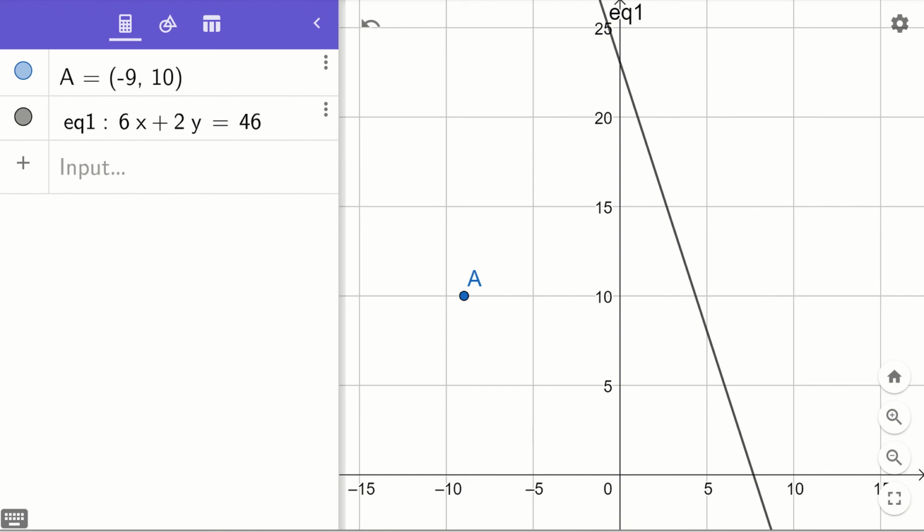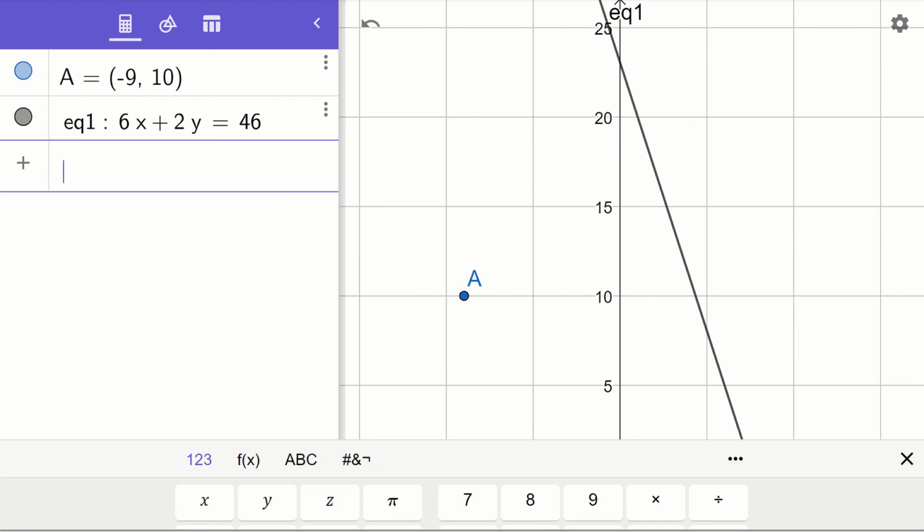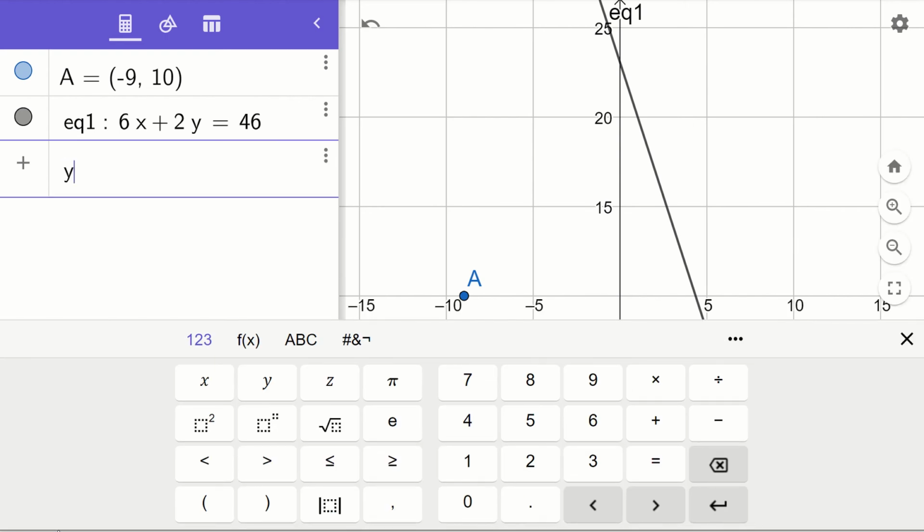If I was to get that into slope-intercept form, again, that had a slope of negative 3, and it had a y-intercept of 23, and I can see that that looks about right. So what we found to be our answer was the equation y is equal to, we had a slope of 1/3, and then x, and our y-intercept that we found was plus 13.